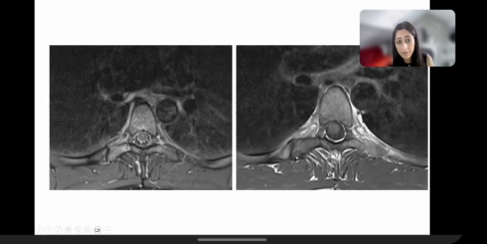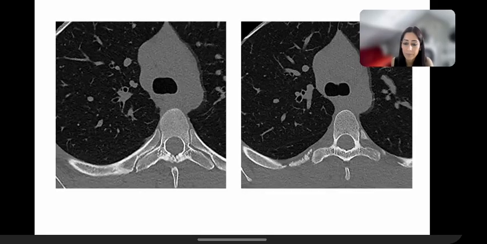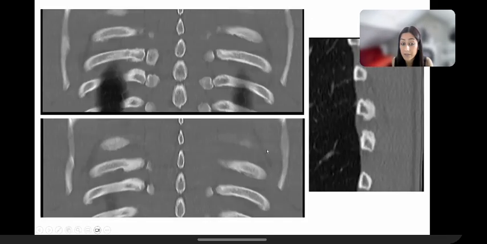Until this point we didn't really know what it could be. And we asked for a CT to see if we can appreciate the trabecular pattern better. Now we have this CT, and again, just look at the periosteal reaction. There is this exuberant new bone formation on the undersurface of the bone. So it's a closed space, right?